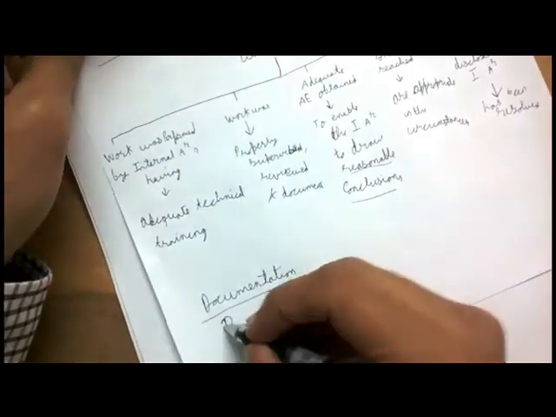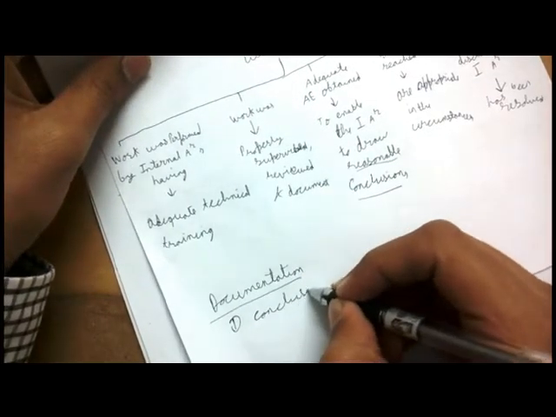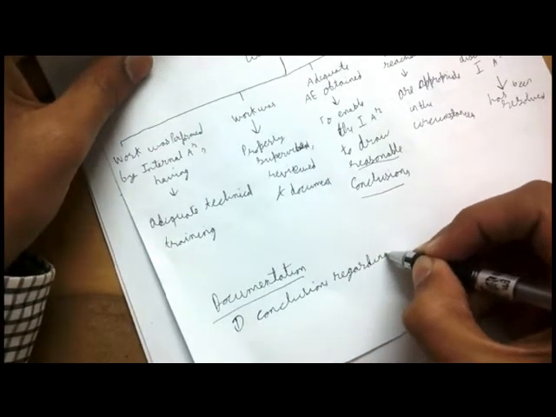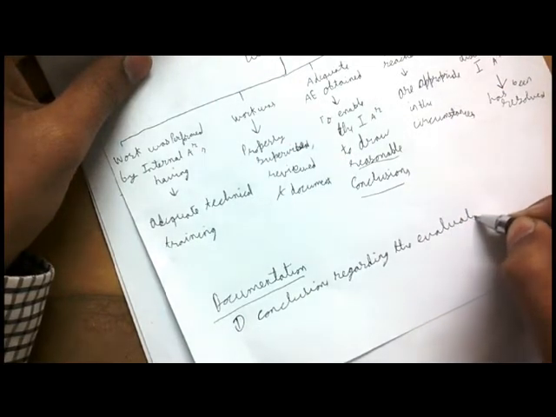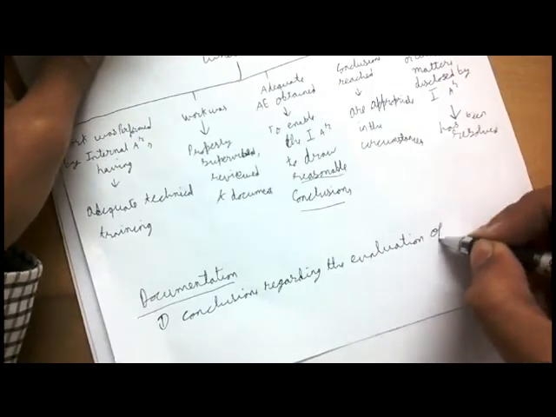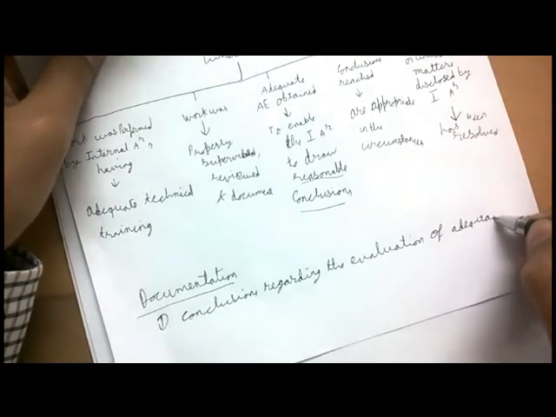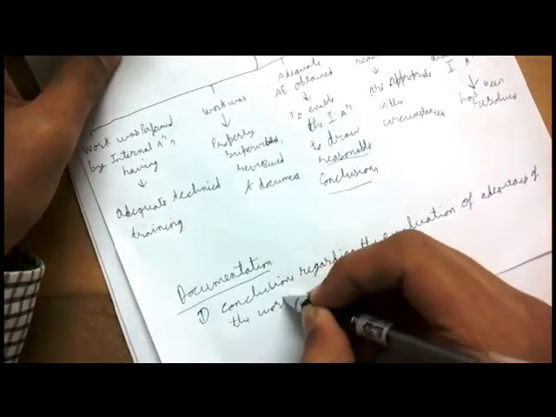So the first thing which he has to document is conclusions regarding the evaluation of adequacy of the work of the internal auditor.